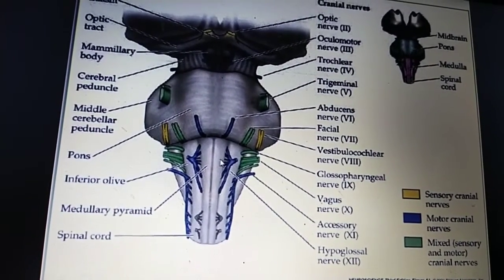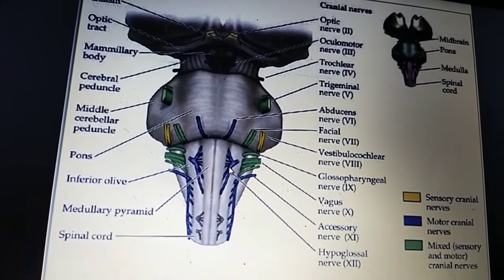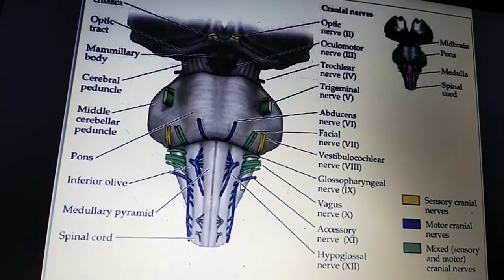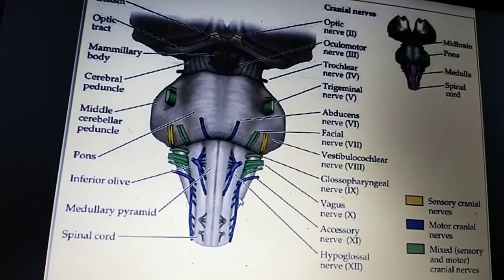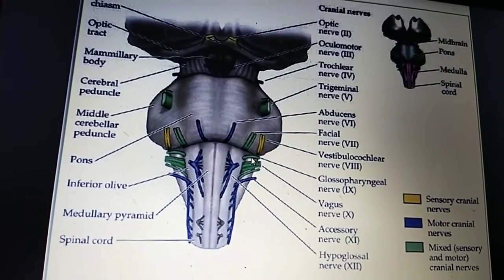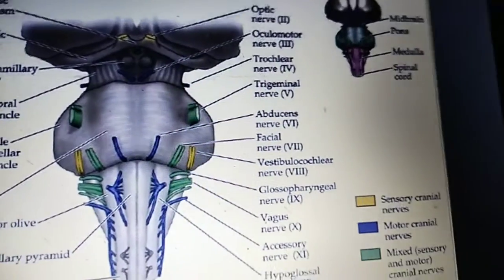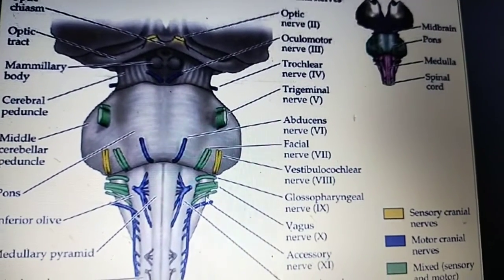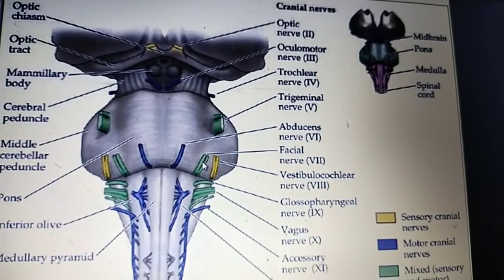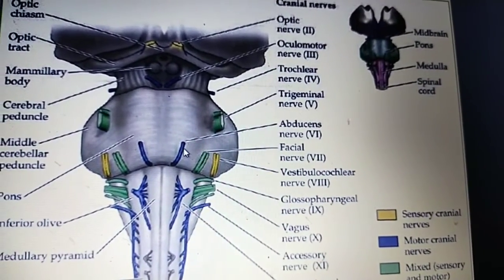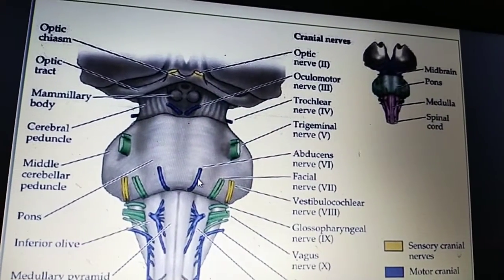You can see in between the pyramid and olive, this is the hypoglossal nerve. Then this is the accessory nerve in the second group, the lateral posterior group, this is the vagus nerve, and this is the glossopharyngeal nerve. This one is completely sensory, this is a mixed type, sensory and motor, and this is completely motor. Can go for the next slide.